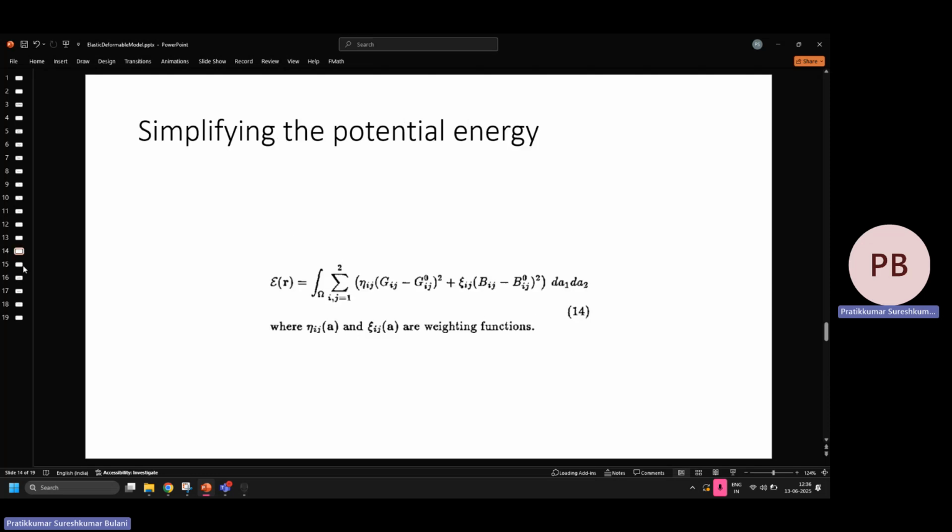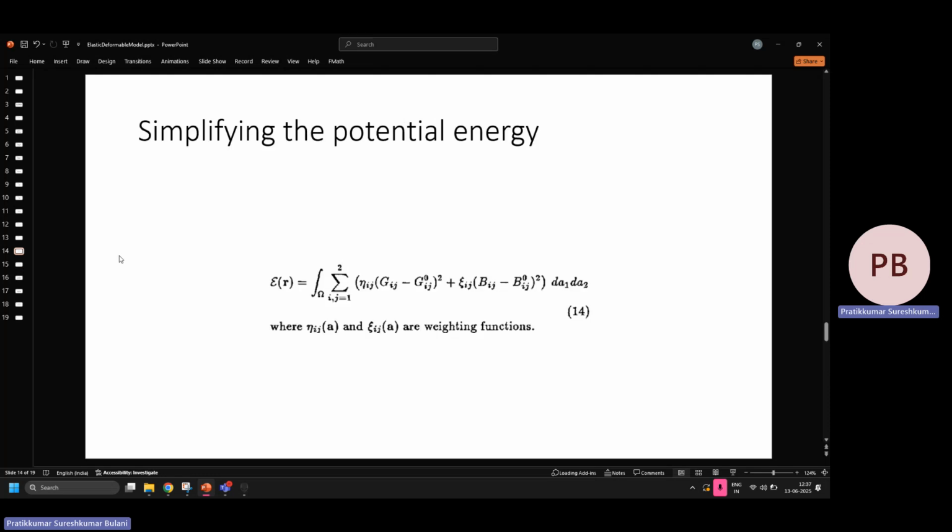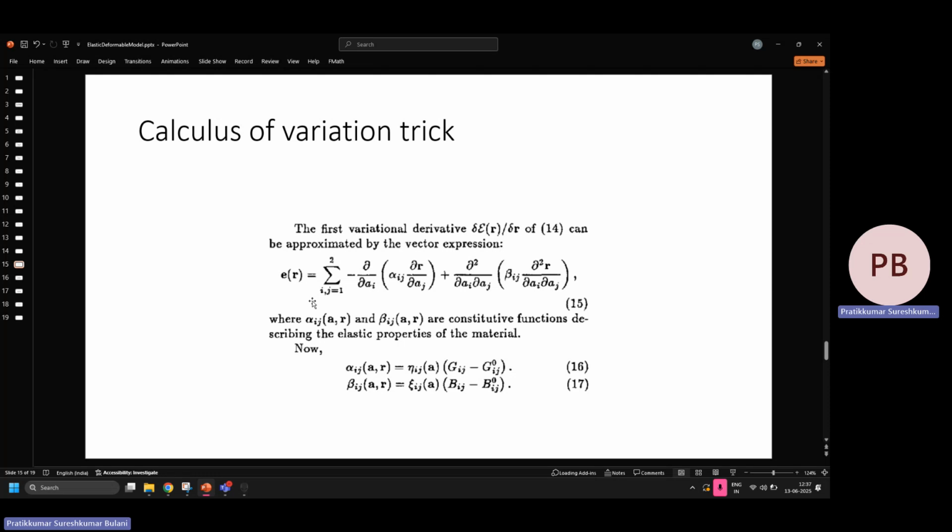Now, with the help of calculus of variation, they are performing this trick. So they converted this entire integral, it got removed, and it is now just a summation with some partial differential equation.